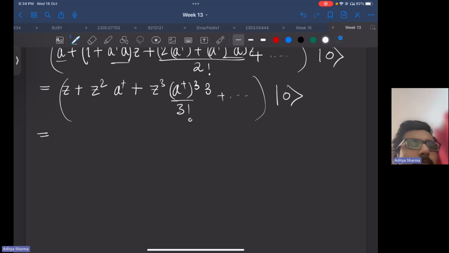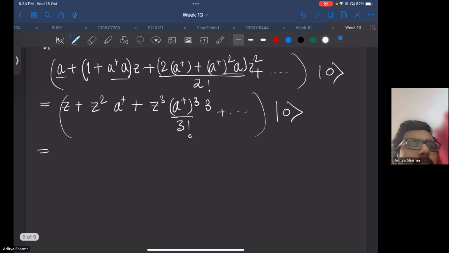And this is actually, you can take a z out, and this 3 cancels with the 3. So we have z(1 plus a dagger plus z square by 2 factorial a dagger.